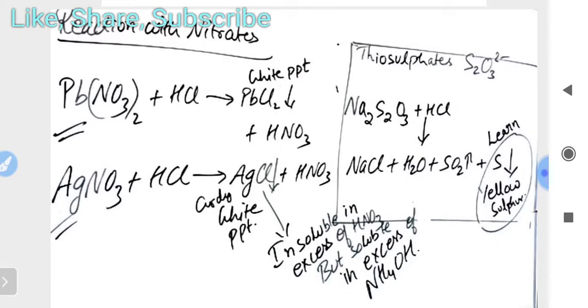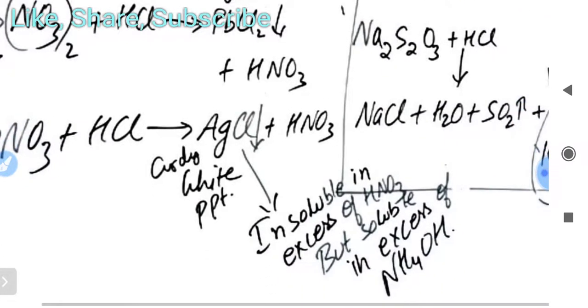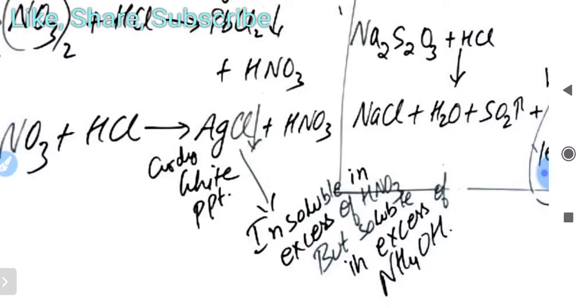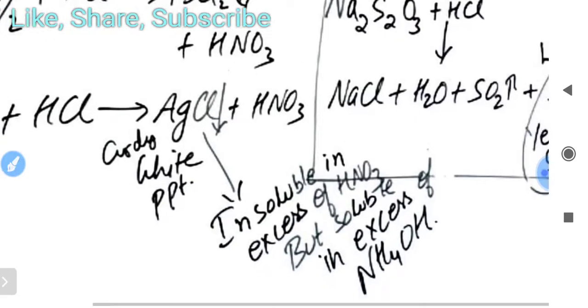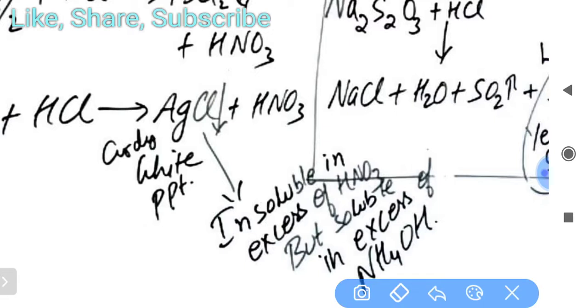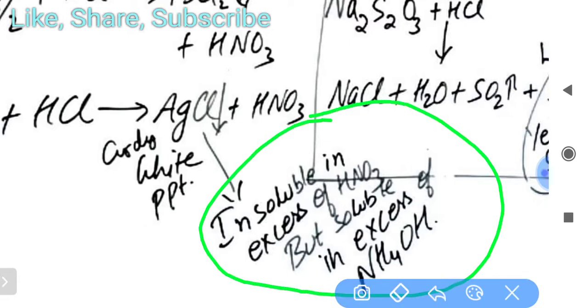And one more thing, sometimes students ask, sir, where are these questions coming from? So these are the questions which will come. You may not understand things like insoluble in excess of HNO3 but soluble in excess of NH4OH. That's why I'm writing. Sometimes a question asks to write the name of a precipitate which is insoluble in excess of HNO3 but soluble in excess of ammonium hydroxide.